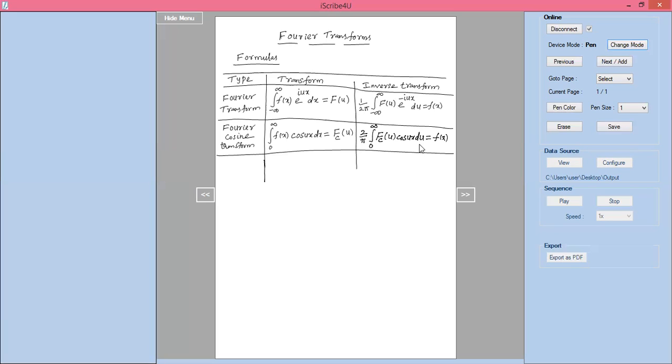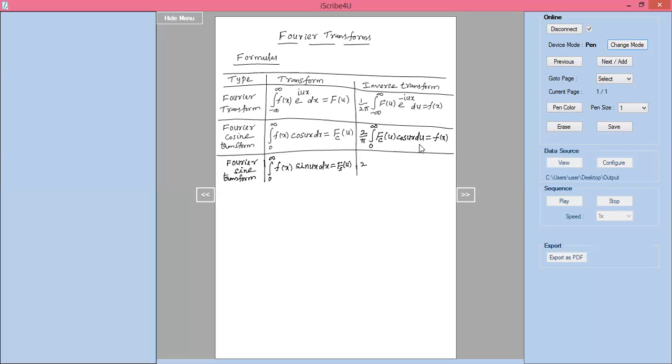Next, Fourier sine transform. The Fourier sine transform is integration of 0 to infinity f of x into sin ux into dx. That is nothing but Fs of u.